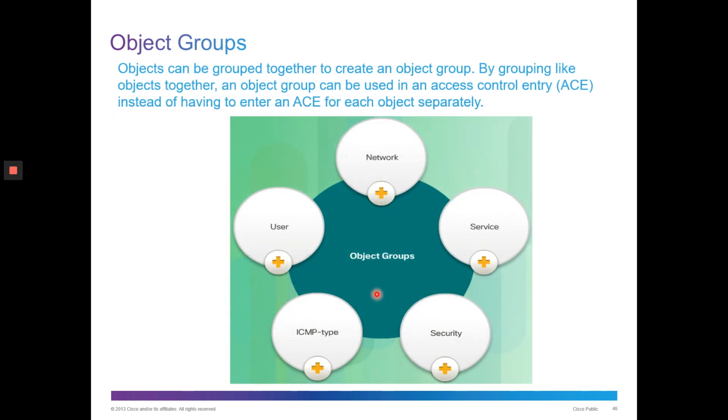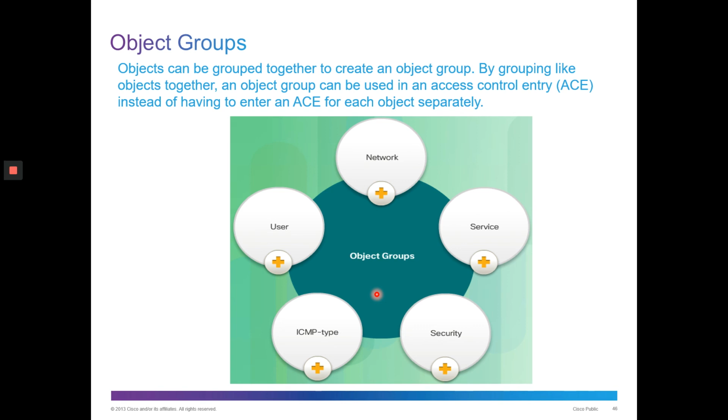Now we move on to the object group. Object groups can be configured together, so you can group all the objects together. By grouping like objects together, an object group can be used in access control entries.